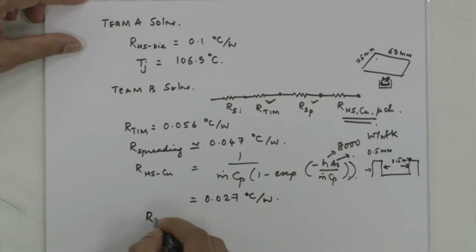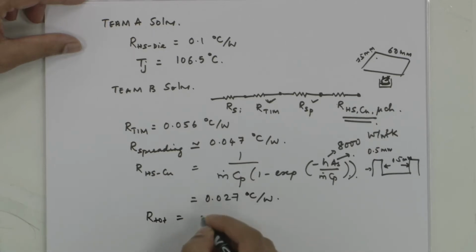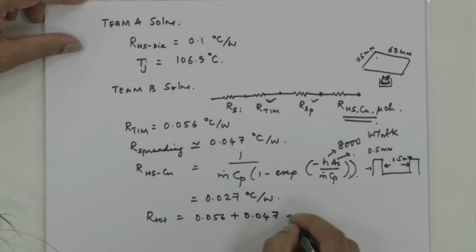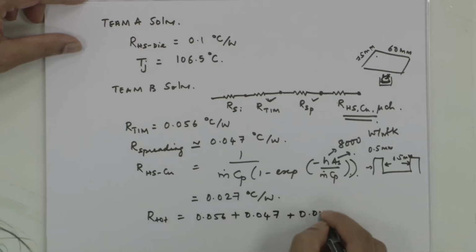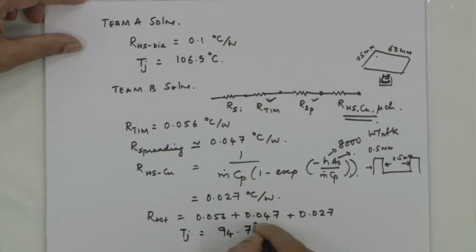The total resistance from junction to the ambient turns out to be a combination of 0.056, ignoring the resistance offered by the silicon, spreading resistance of 0.047, plus heat sink resistance of this. We get a total resistance, and if you use this to calculate Tj, it happens to be 94 degrees C using a 47 degrees Celsius inlet.